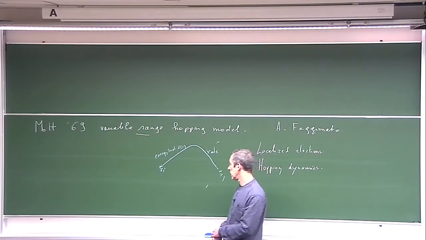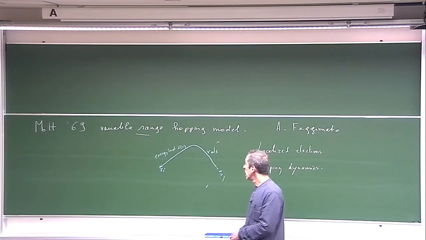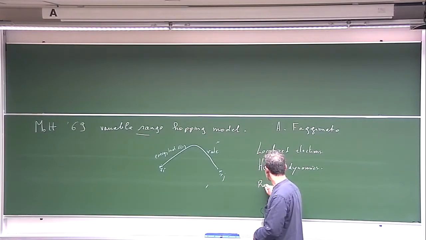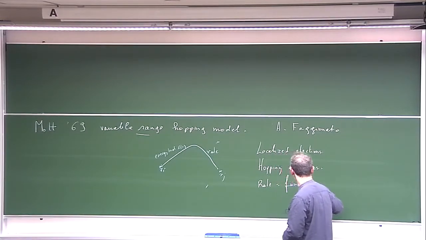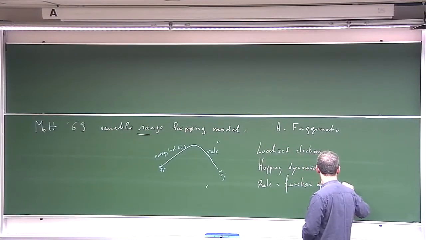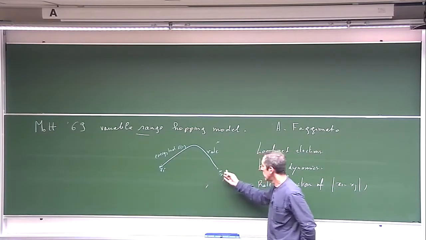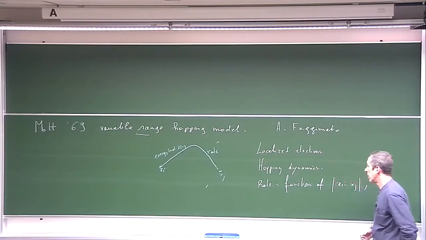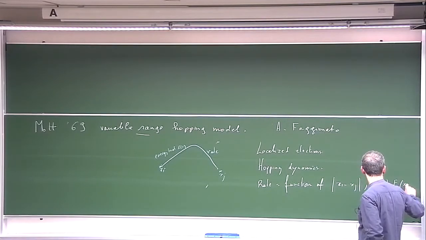On the one hand, it depends on the distance between these two points. So the rate is some function of the distance. And it also depends on these energy marks which are attached to the two different locations. So it depends on the energy of xi and the energy of xj.